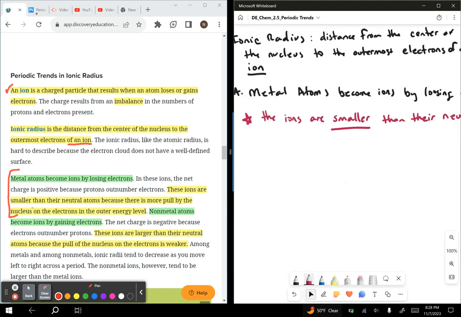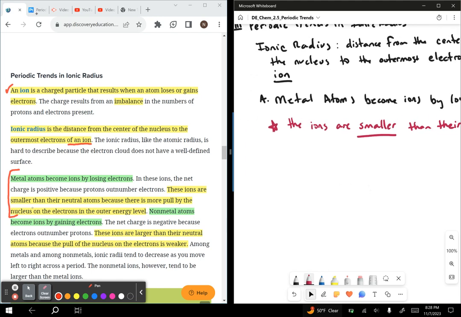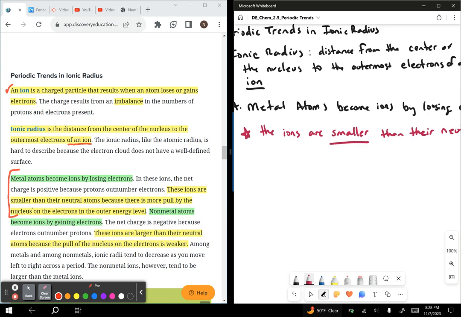Why? Because you have more positive pull from the nucleus, because they lost one electron. So there's like this imbalance.